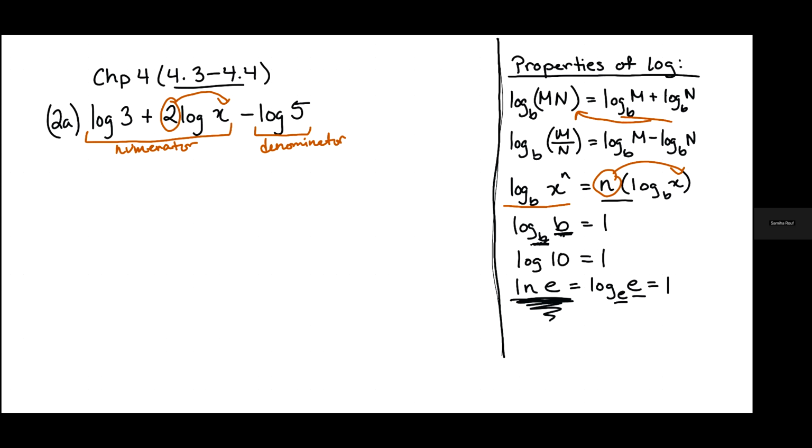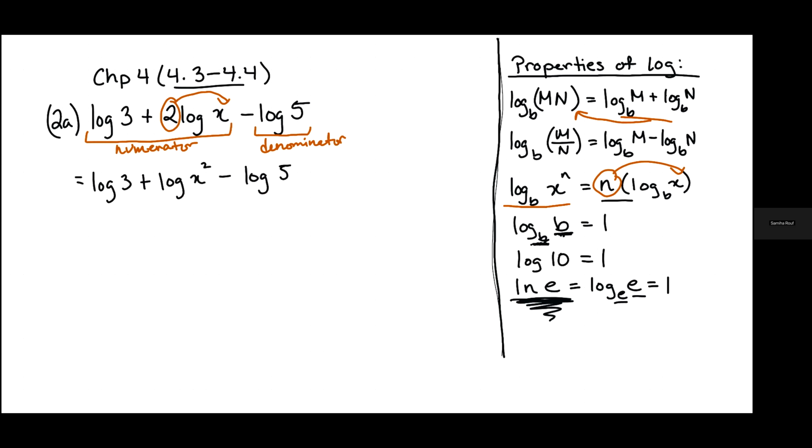Okay, so let's go back and set this up. So now we're going to have log 3 plus log x squared minus log of 5.